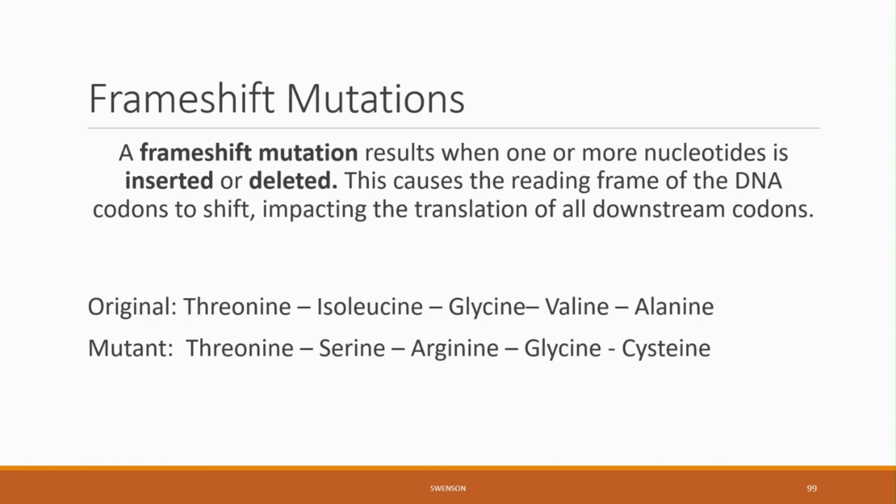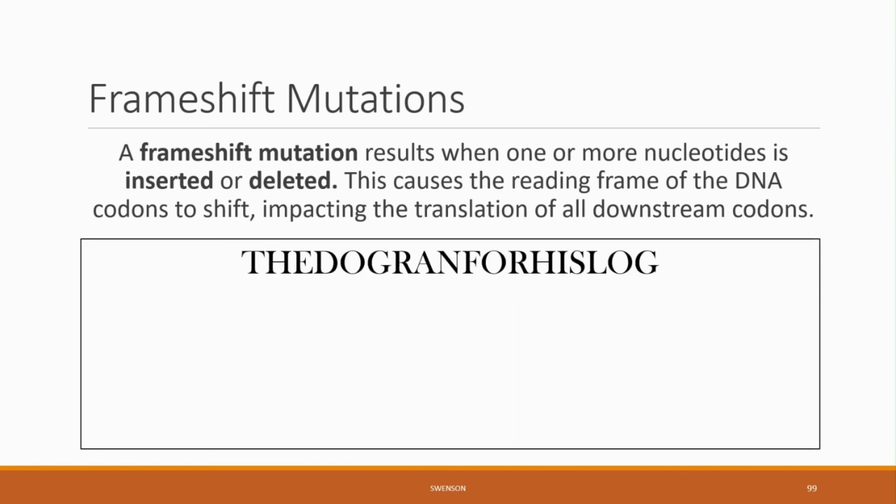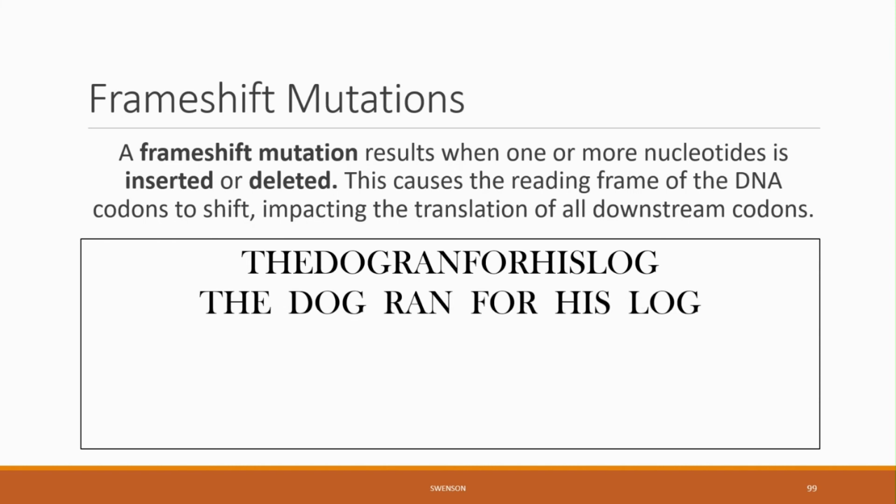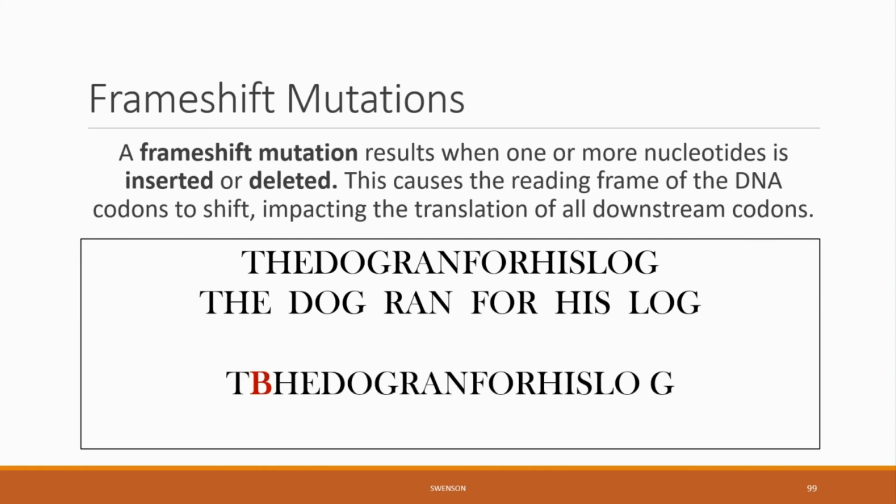This causes the reading frame of the DNA codons to shift, impacting the translation of all downstream codons. Since codons are read as three-letter words, we can see how dramatic the effects are by taking the sentence, "The dog ran for his log." They're all three-letter words, and how the addition of the letter B makes the sentence a complete jumble.